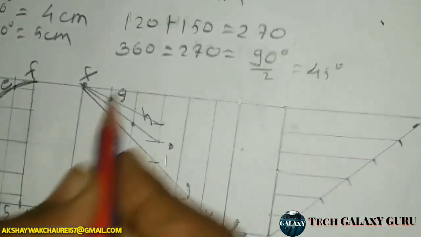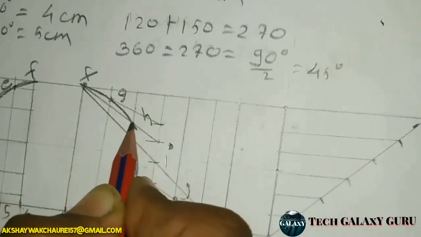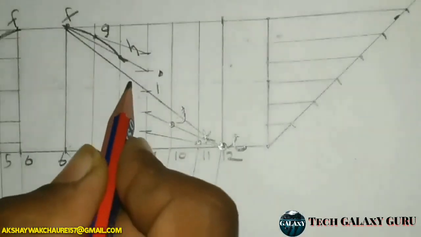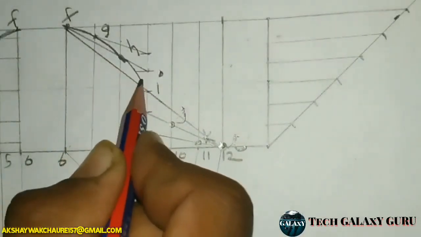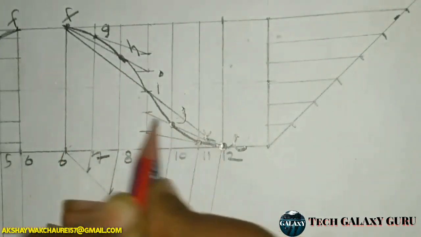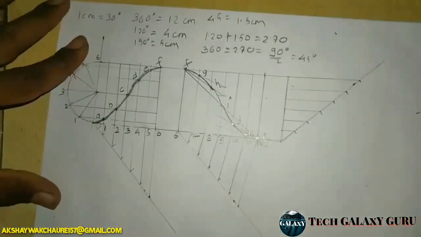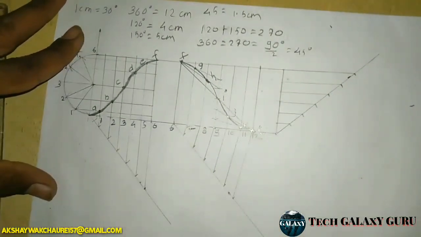And then next again draw a curve from these points I, J, K and L with the help of French curve. So we have completed this displacement diagram, and we have to draw next cam profile.